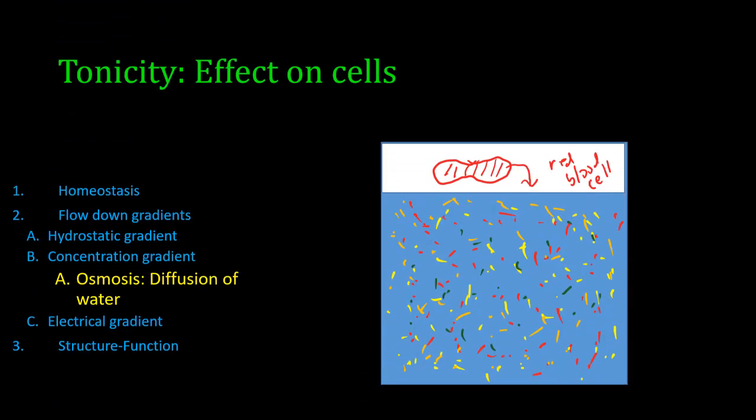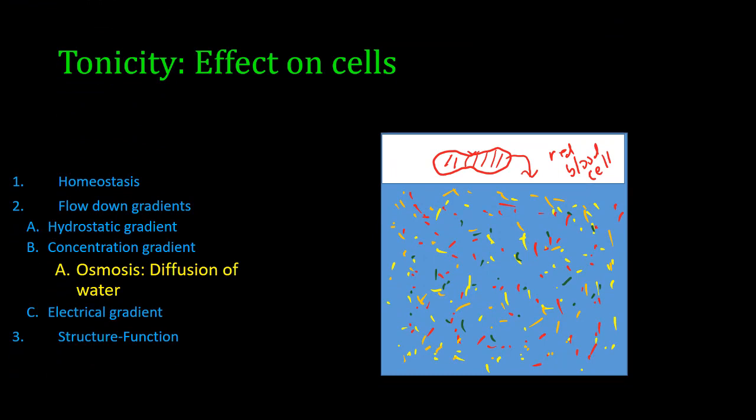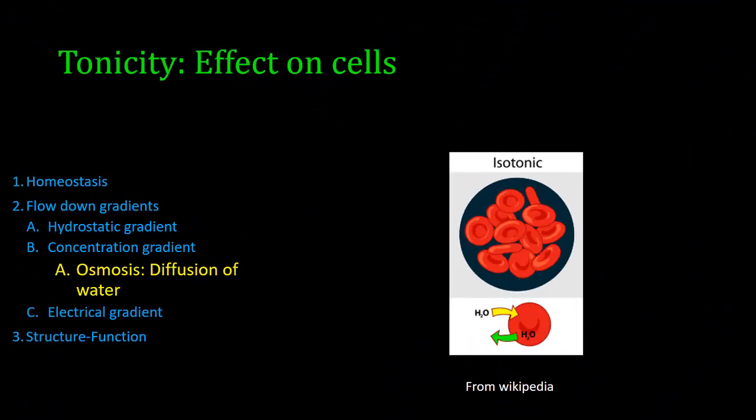Now, what happens if we take a red blood cell and dump it into this solution? Tonicity refers to the effect the solution would have on the red blood cell. If we dump the red blood cell into an isotonic solution, that means the amount of water entering the cell will equal the amount of water leaving the cell.